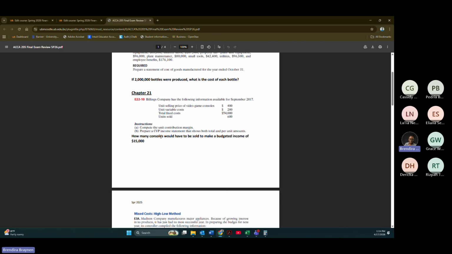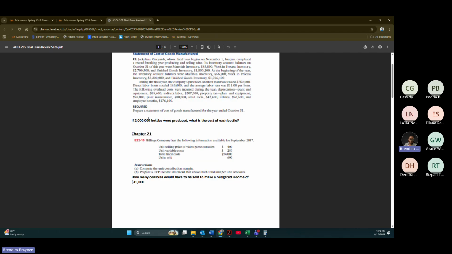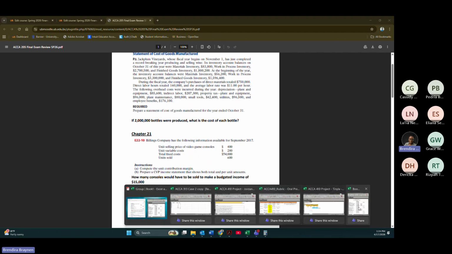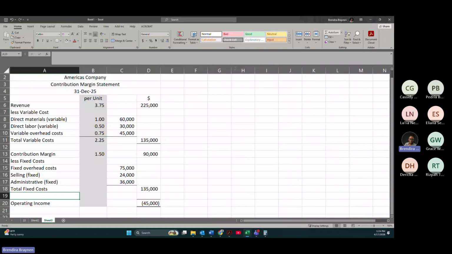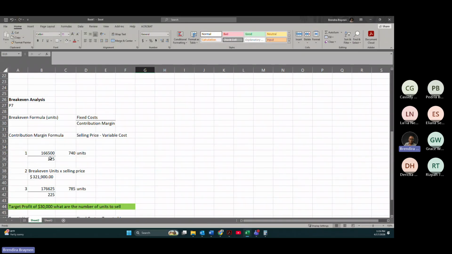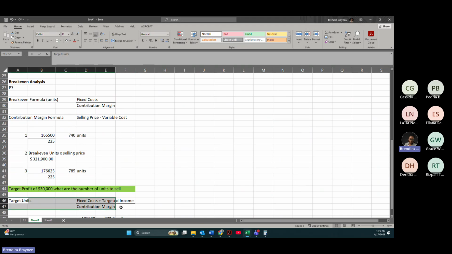But let's say they ask you how many consoles would have to be sold to make a budgeted income of 15,000. That's just like the CVP analysis stuff: you take the profit plus the fixed costs, divided by the contribution margin. So you will get a contribution margin statement and they'll ask you this question, or a similar question. It's the same thing as what I did here with the target units or the target income.